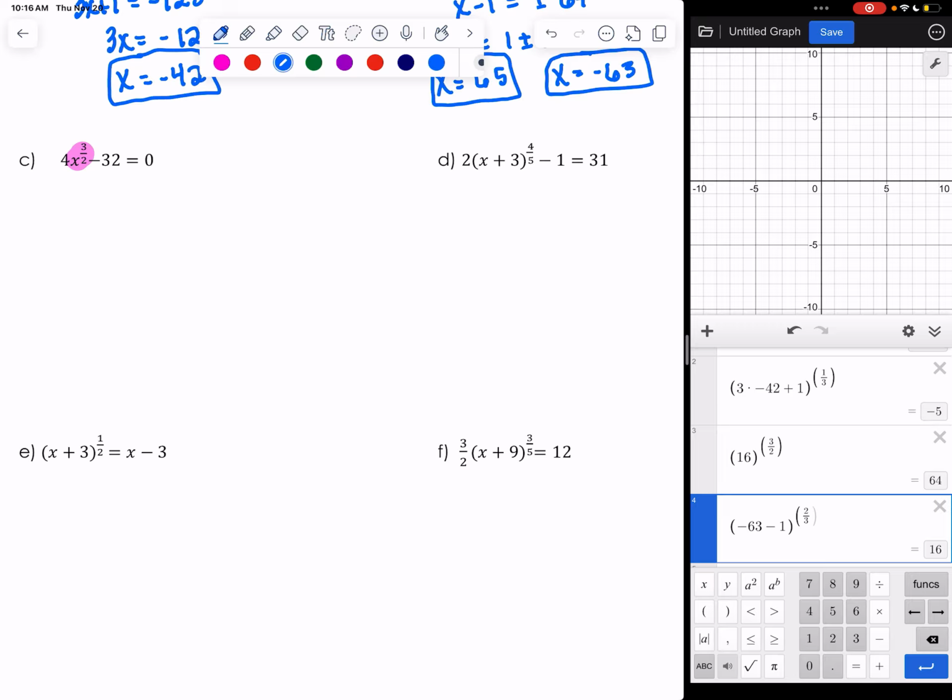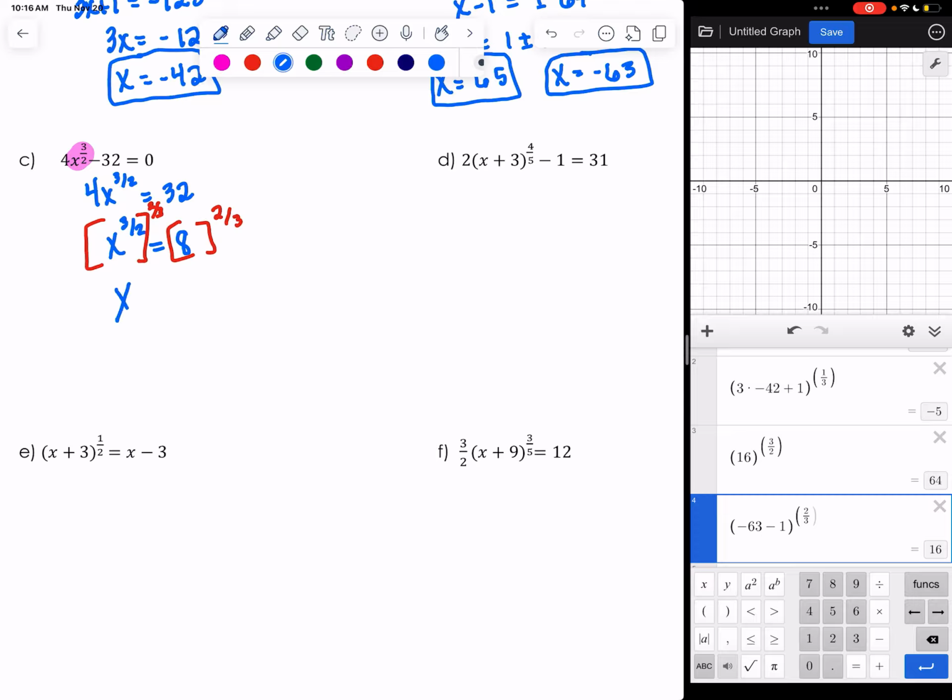So when I add 32, I get 4x to the 3/2 power equals positive 32. Now we're going to divide by 4. So x to the 3/2 power is equal to 32 divided by 4, which gives me 8. Now I'll raise both sides to the reciprocal power. So the reciprocal of 3/2 is 2/3.